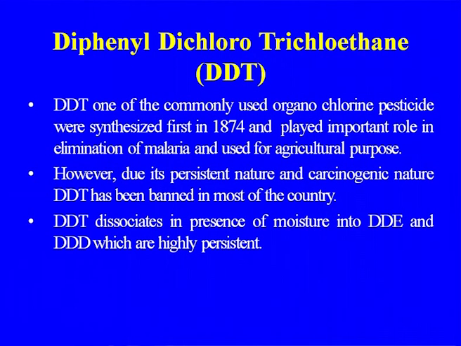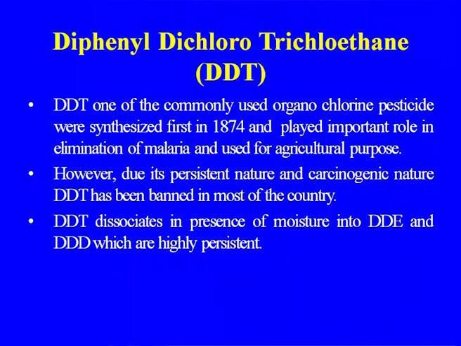This was first synthesized in 1874 and played an important role in the elimination of malaria, as I told you earlier, and was also used for agriculture. The main use started with the elimination of malaria after independence.